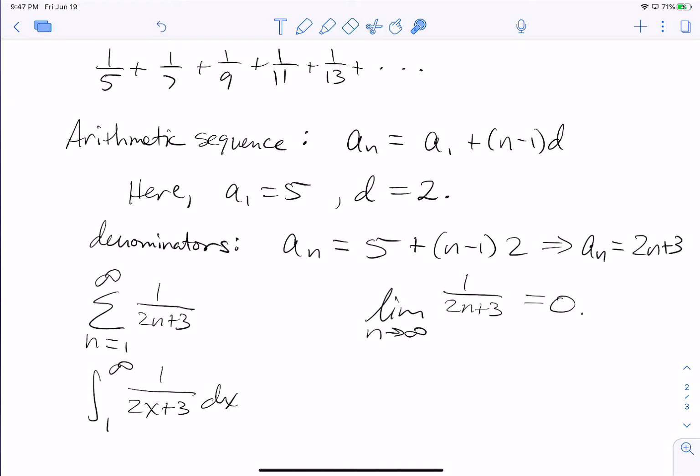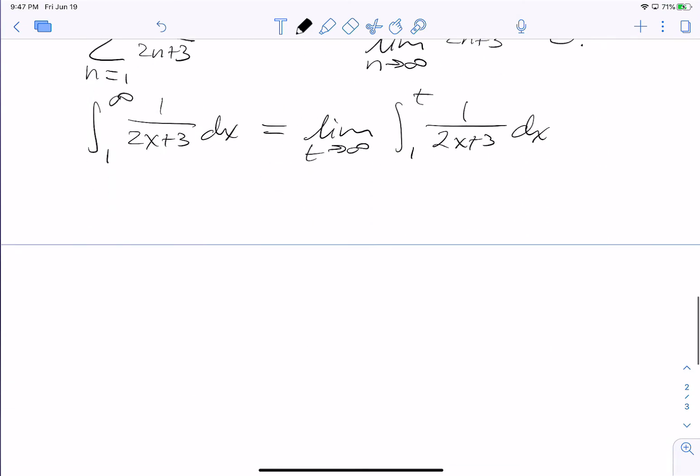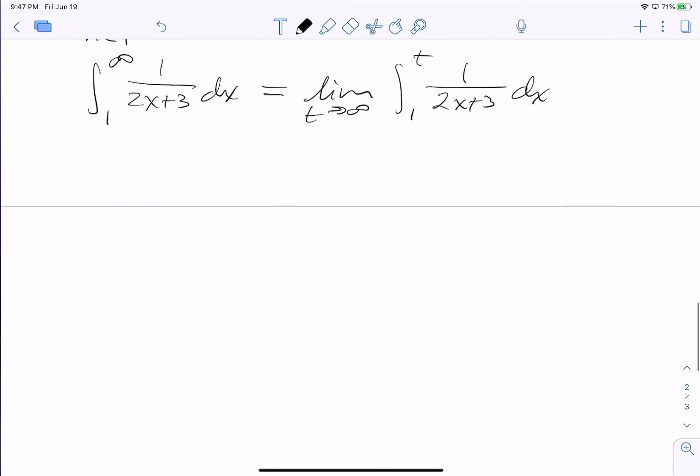It has an upper limit that's infinity, so the first thing we need to do is write it down as the limit as t approaches infinity of the integral from 1 to t of 1 over 2x plus 3 dx. Now, recognizing that I have a composition, a reciprocal function with an argument of 2x plus 3 that's in the denominator, I'm thinking about a substitution. u is equal to 2x plus 3, which implies that du is equal to 2 dx, excuse me there.